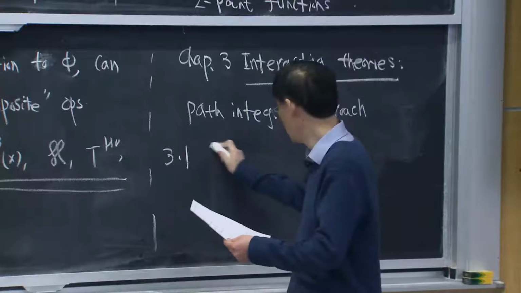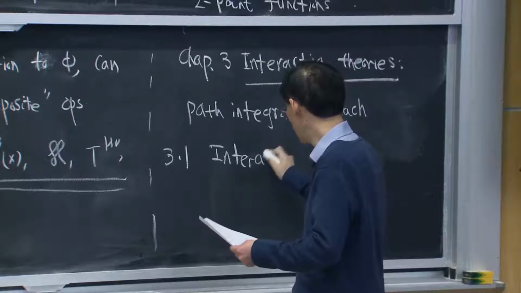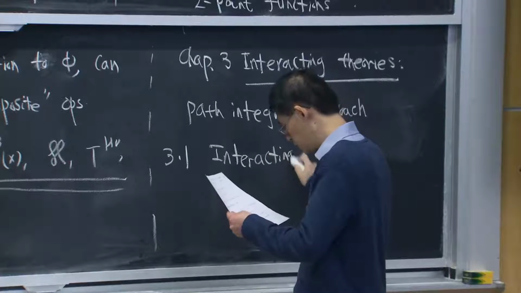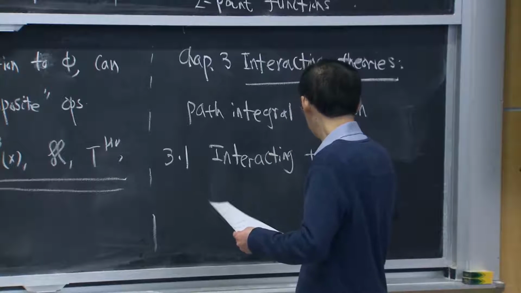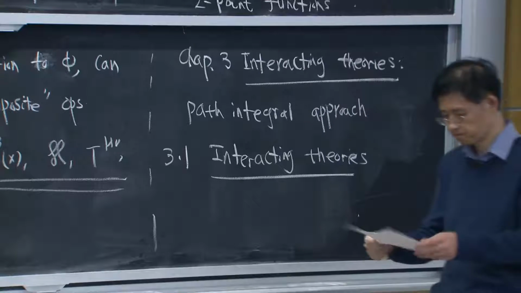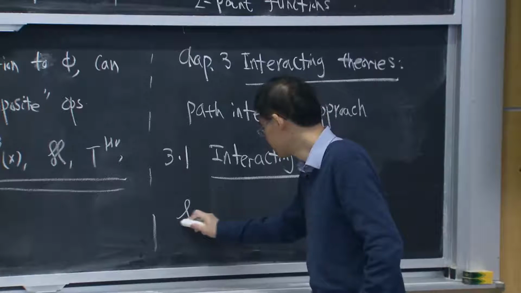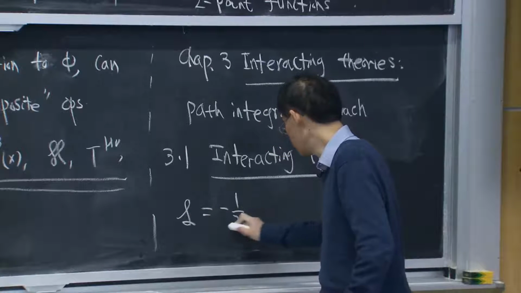First, let's just say a few words about some general remarks on interacting theories. Previously, we considered a theory with a Lagrangian density of the following form.